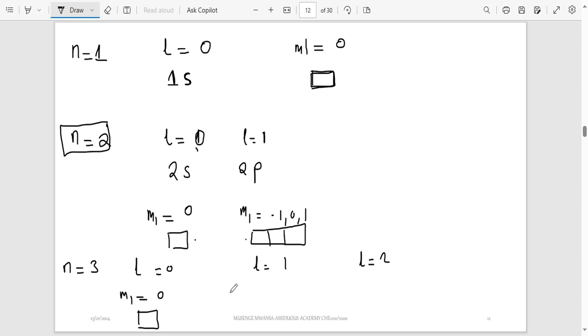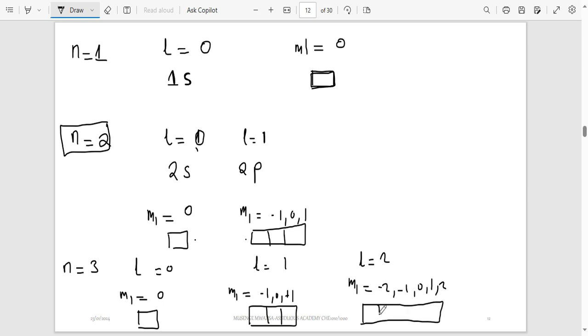When L is 1, it means that ML is going to be equal to negative 1, 0, and positive 1, meaning that you have got three orbitals in 1. When L is 2, it means that ML is going to be negative 2, negative 1, 0, 1, and 2. So how many are there? There are 5 orbitals there. So they're going to be 5 in 1. 1, 2, 3, 4, and 5.